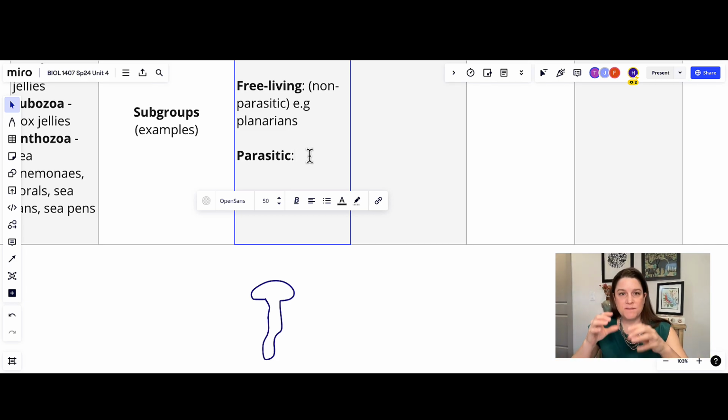So if you use infections, you'll need examples of infections. They could be from any of the groups, but that's one category. You can give a variety of infections, but that still counts as one thing that the animals impact. Of course, as we'll see later, there's foods. We eat some of these groups, so that would be a good one. We talked about sponges with their anti-cancer properties.